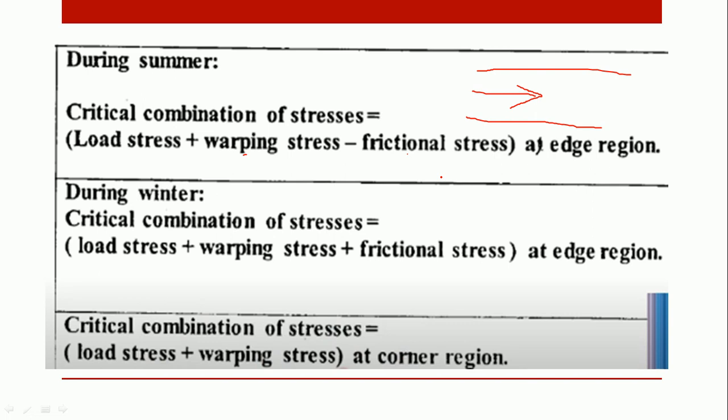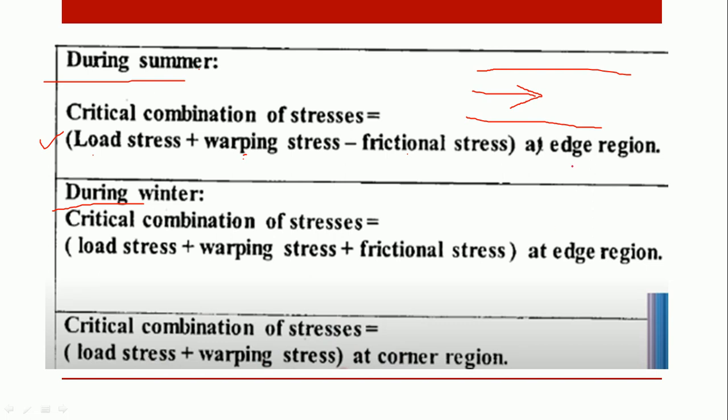In some problems, they may ask you to find the critical combination of the stresses. Here there is a formula: whether you are adding all the stresses or deducting some of them. Based on that, the critical combination is given for the summer season and the winter season. During the summer season, we need to add the load stress and warping stress, and deduct the frictional stress. During the winter season, we need to add all the stresses.